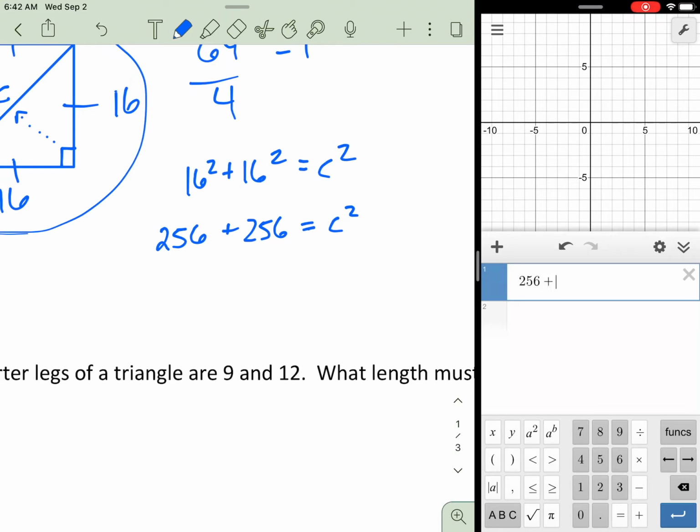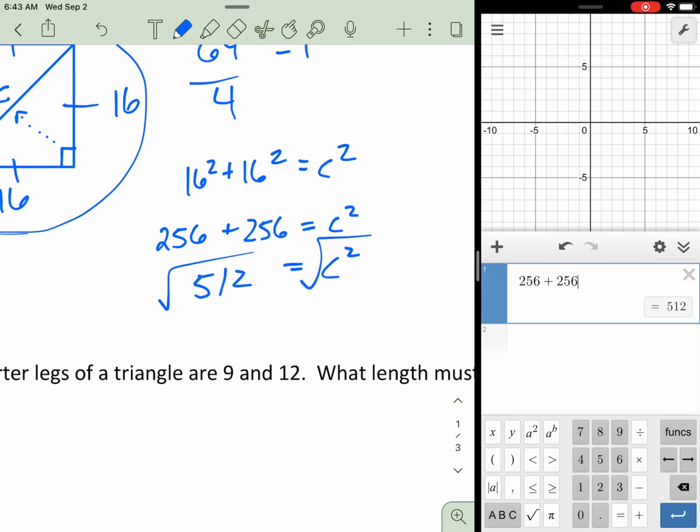So 256 plus 256. By the way, if you don't have Desmos on your iPad, you should download that. We're going to use it a bunch. So c squared, so take the square root. Well, 512, as we just did, breaks down into 256 times 2. And we know that 256 is 16 squared. So this is 16 radical 2.